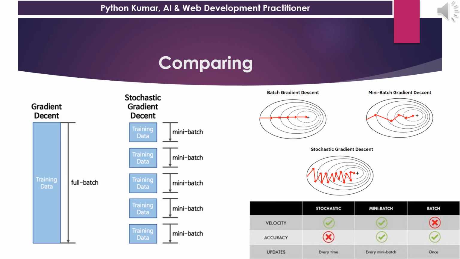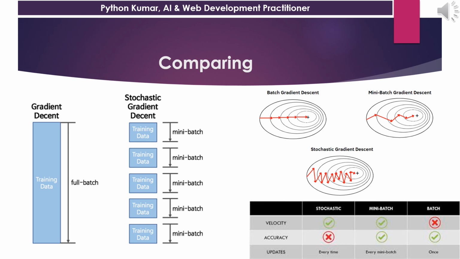The fastest would be stochastic and mini batch, and the slowest will be the batch because it's taking the entire 1 million data set. Now, in the case of accuracy, with stochastic gradient descent there is very little accuracy, because of a lot of dancing around and fluctuations.